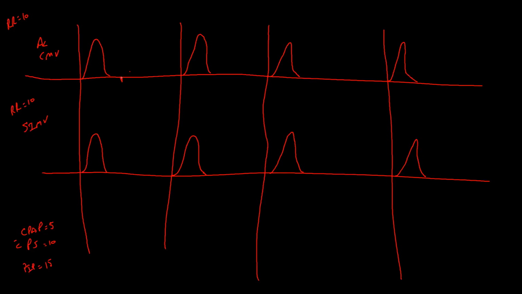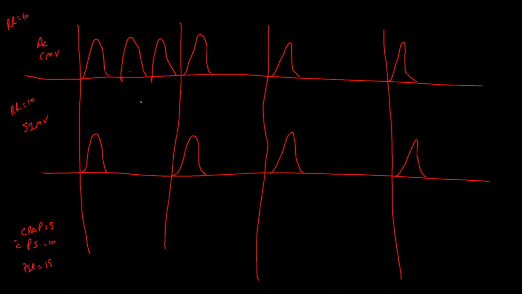And then the ventilator kicks in and gives a full machine-driven breath. Every single time. And you can breathe as fast as you want, as long as it's physically possible to breathe that fast. And every single one of those breaths is going to look exactly like the others when you're in assist control.